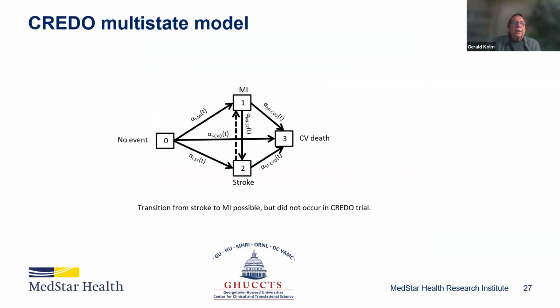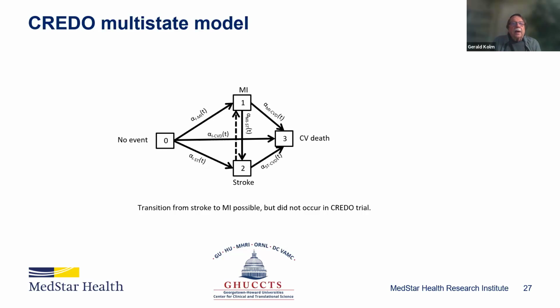And so we get, for a multi-state model, this sort of diagram where a patient would maybe go from no event to a non-fatal MI and then die from a cardiovascular event later on, or they might experience cardiovascular death without experiencing either competing event.